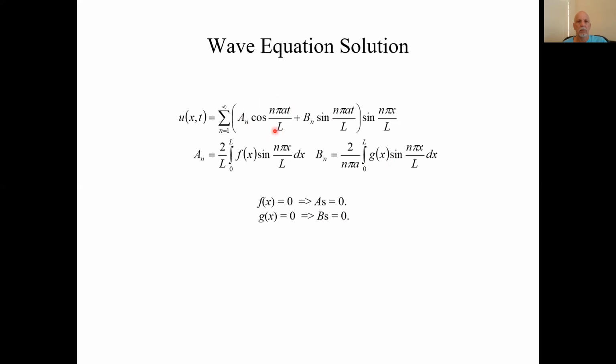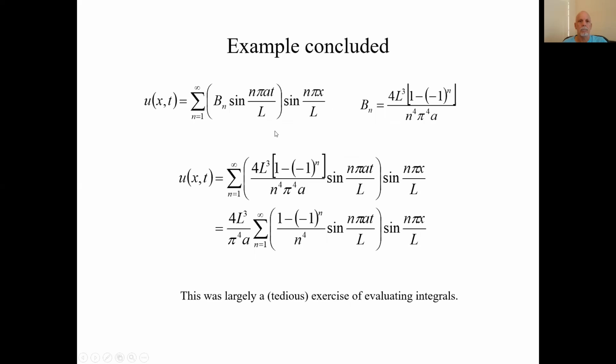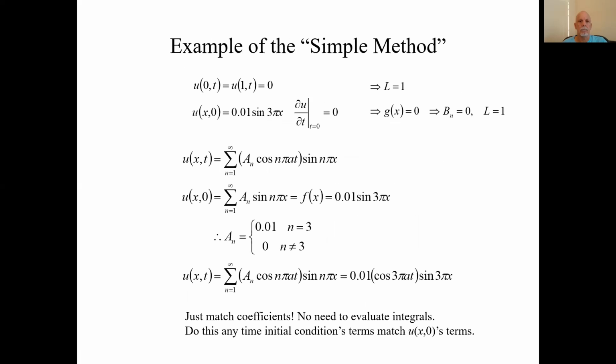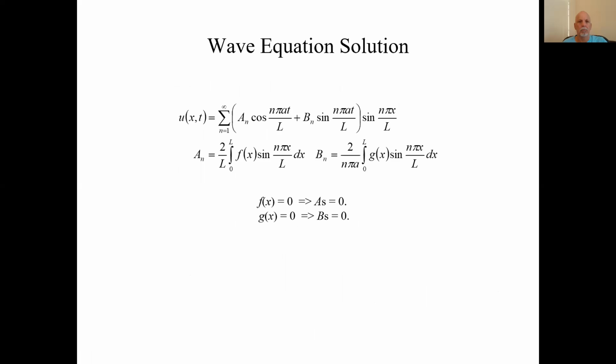It's the a sub n cosine. Actually, what was that solution again? A sub n cosine of the t stuff times the sine of the x stuff.